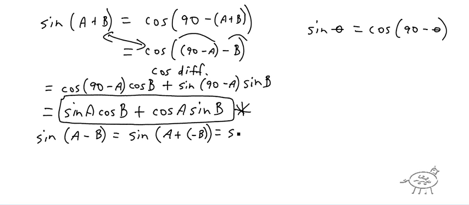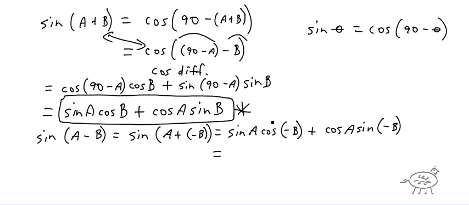So that's going to be sine of A cosine of negative B plus cosine of A sine of negative B. And then I can simplify this.